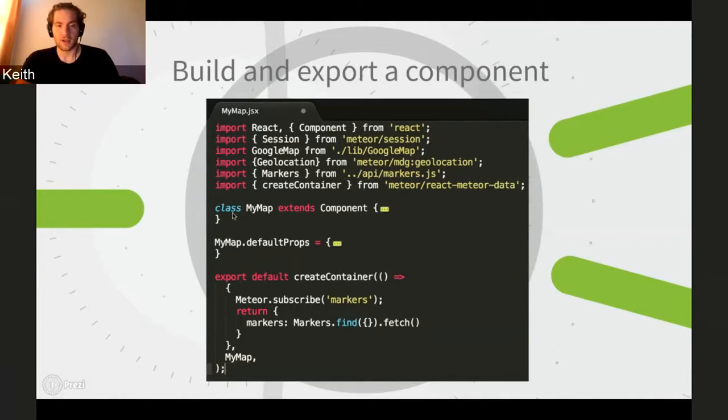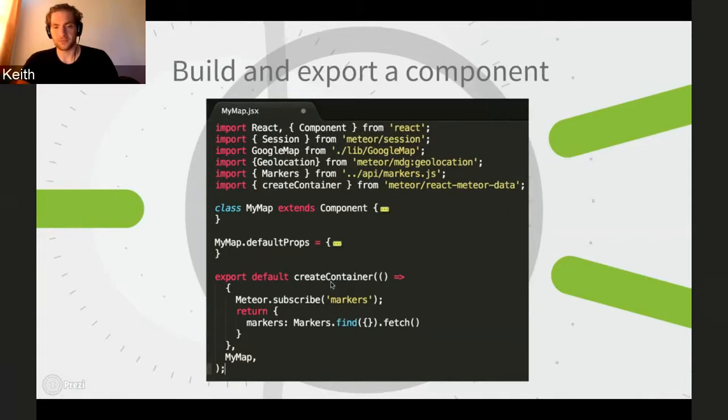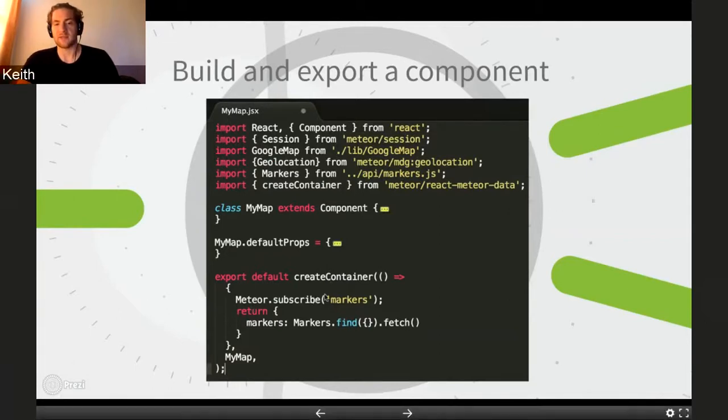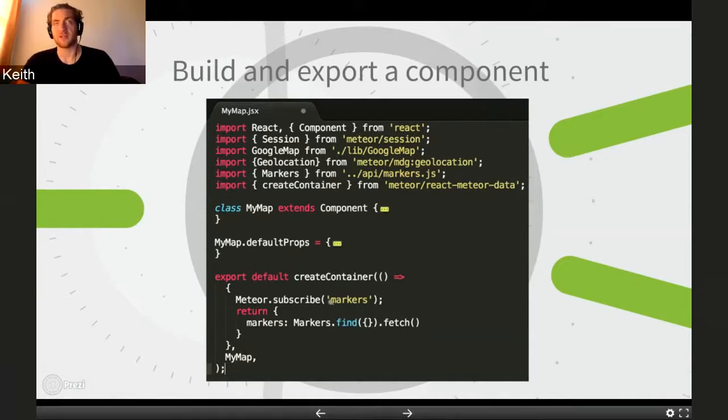But you create a component, you set default props, and then down here is where all the magic happens for Meteor. This create container allows you to export a component that is linked into Meteor's data structures. So it'll subscribe to markers, which is defined in another file.